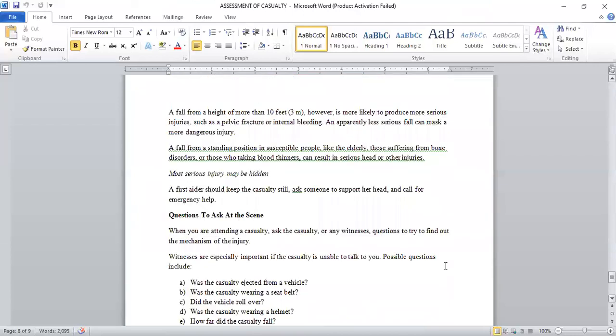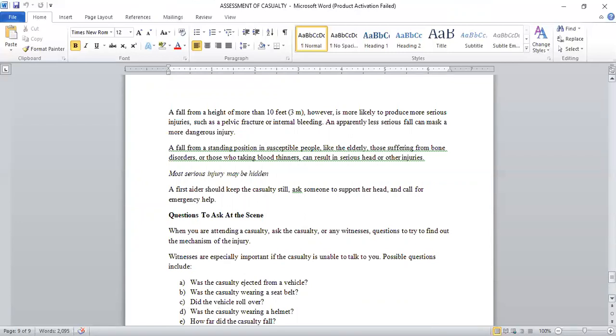So these are basically the questions you can ask at the scene, when you're attending to the casualty. Or you can even ask those people who are standing around, the witnesses. Witnesses are especially important if the casualty is unable to talk to you. The possible questions: was the casualty ejected from a vehicle?